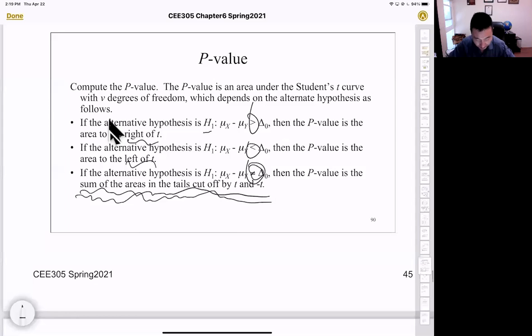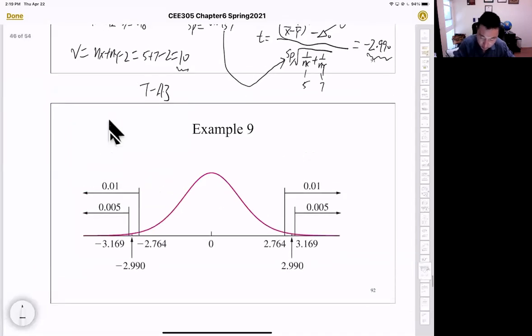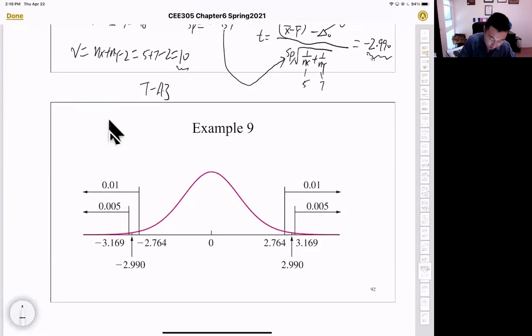Because the t-value is minus 2.99, the 2 tails will be on the left of minus 2.99 and on the right of 2.99. So it turned out that value is between 0.005 and 0.01.